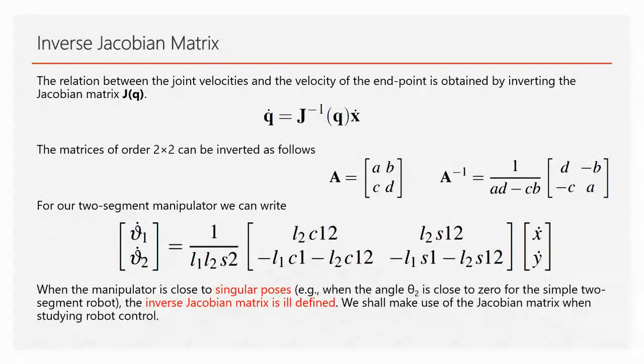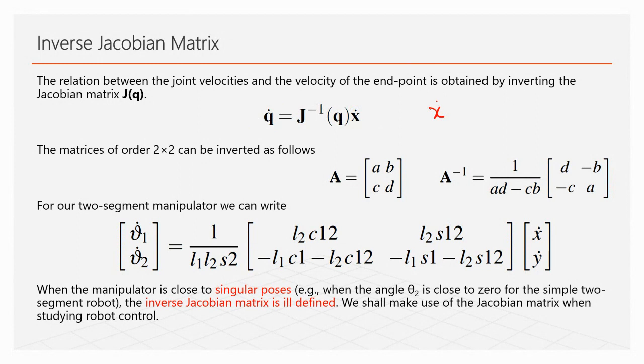So the relationship between the joint velocities and the velocity of the endpoint is obtained by inverting the Jacobian matrix. That's what we did. I'm reviewing briefly what we did in a more abstract form. The relationship between the rotational velocity of the joints, which is a function of theta 1, theta 2, or whatever we have, and the position or coordinates of the endpoint is based on the inverse Jacobian matrix.